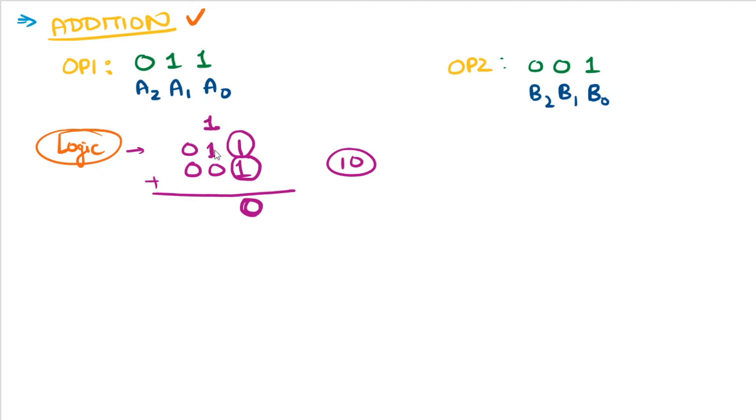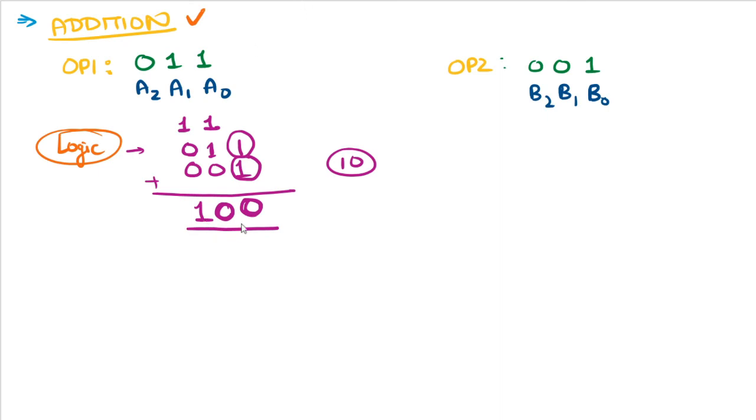Again 1 plus 1 is 2, we take 0 here and carry 1. Now we add 1 plus 0 plus 0, the carry plus the bit from operand 1 and the bit from operand 2, and we get 1. So the value here is 1 0 0.